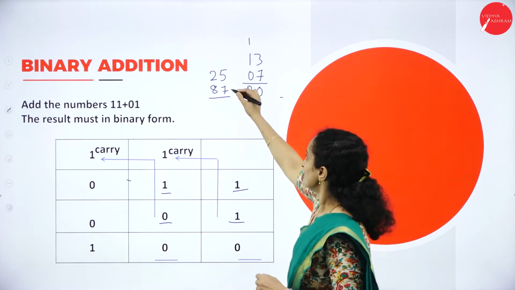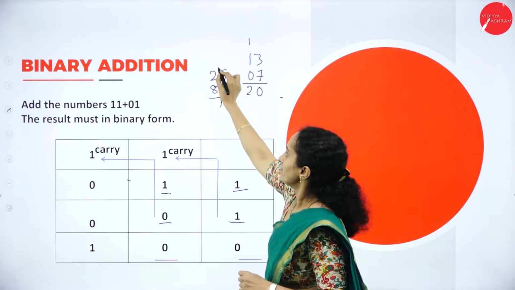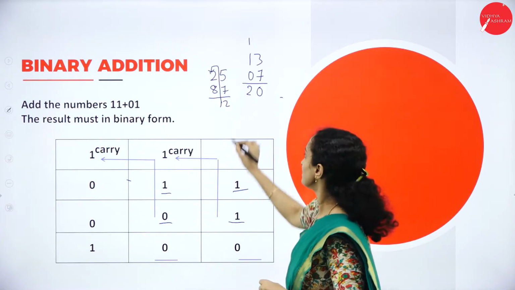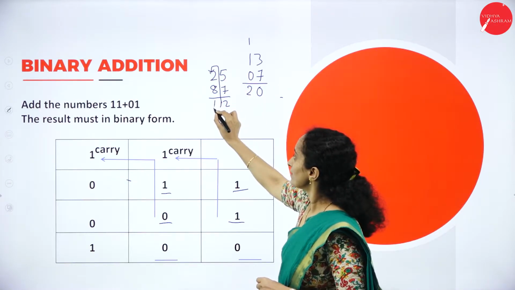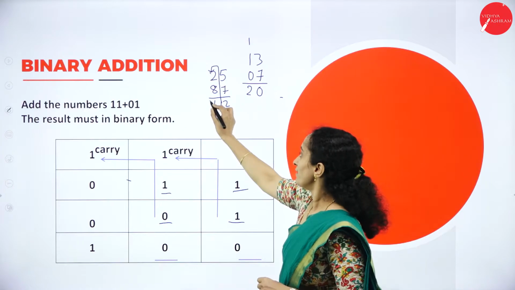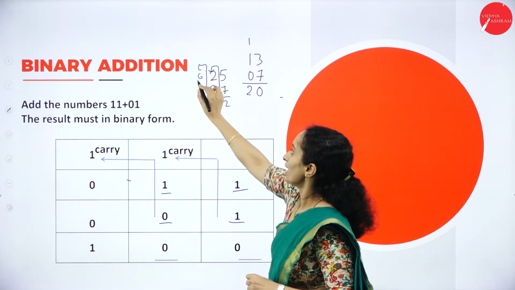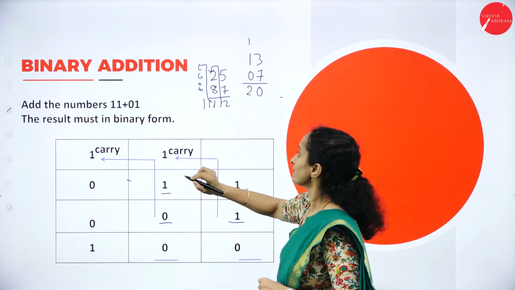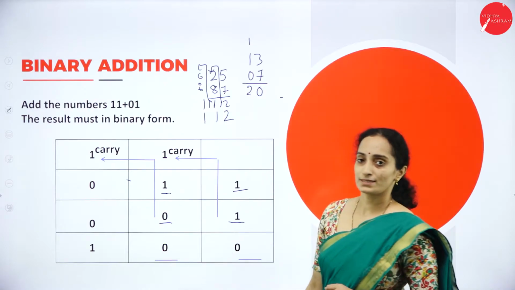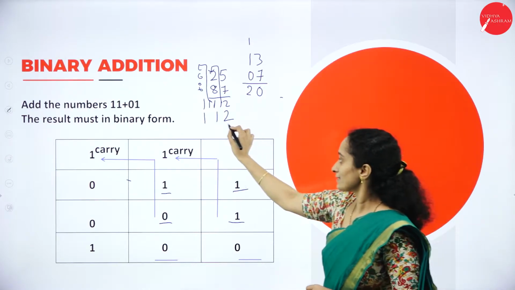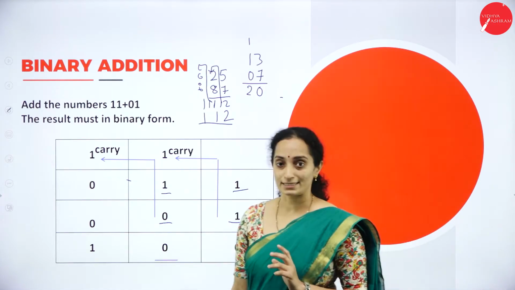Perform the addition. 7 plus 5 will be 12, where 1 will act as a carry here. 1 plus 2 is 3. 3 plus 8 is 11. 1 will be acting as a carry, but here we don't have any value. So this will be kept as it is. Result will be 1, 1, 2. Is it not? So this is the result. This is how we perform addition in case of decimal numbers.